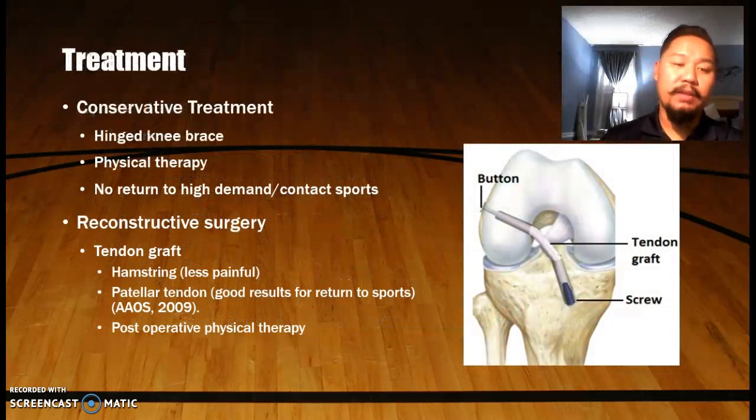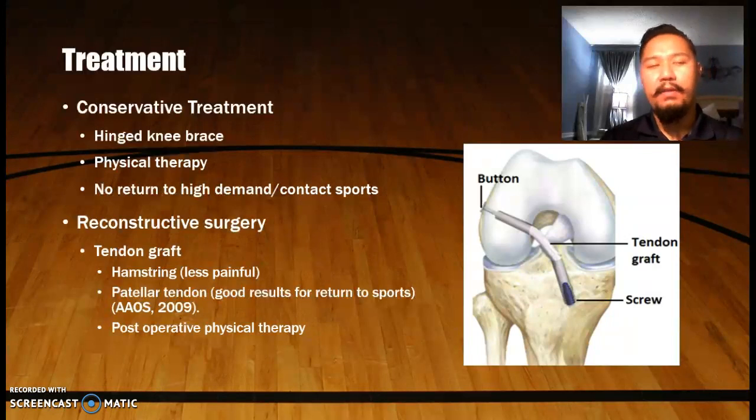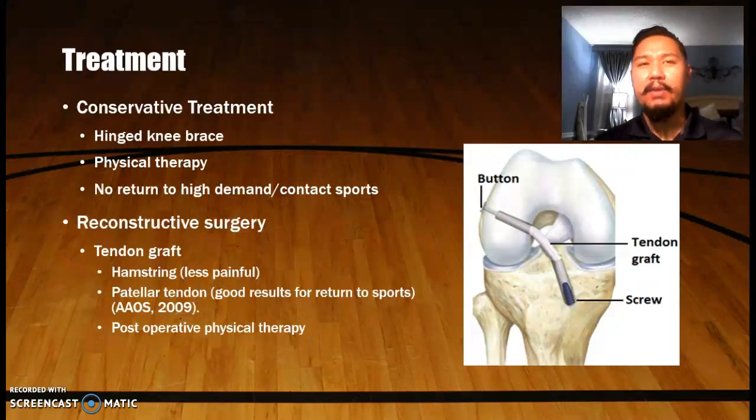There's conservative treatment and there is surgery. You would qualify for conservative treatment if you were not planning on returning to any sports, if your job is not highly demanding, or if you didn't have any other concomitant injuries like a meniscus tear.